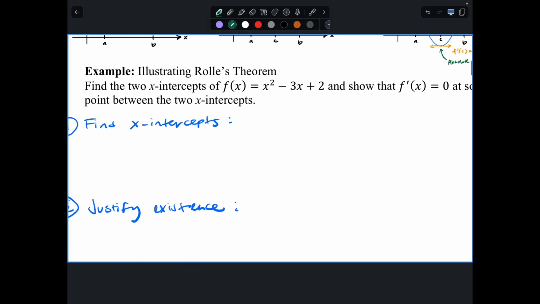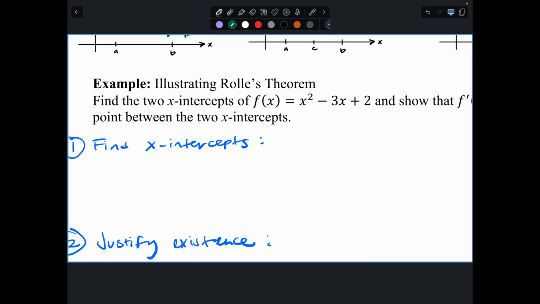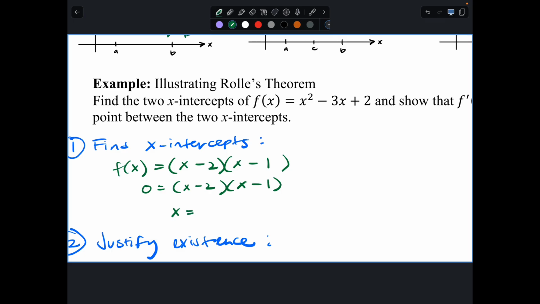Okay, so first of all, if we wanted to find the x-intercepts of this quadratic function, what should we do? Factor that puppy. So f of x can factor to x minus 2 times x minus 1. And if we set that equal to 0, by the zero product property, we could say x equals 2 or x equals positive 1.